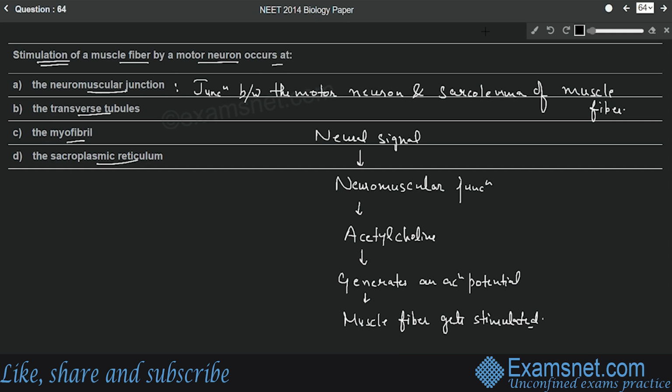So we can say that the stimulation of muscle fiber by a motor neuron occurs at the neuromuscular junction. So option A will be the correct answer.